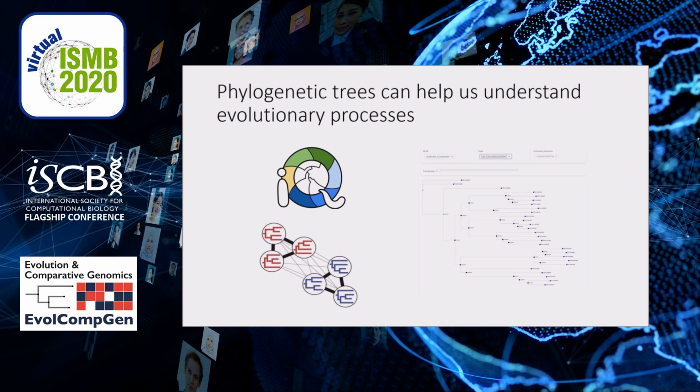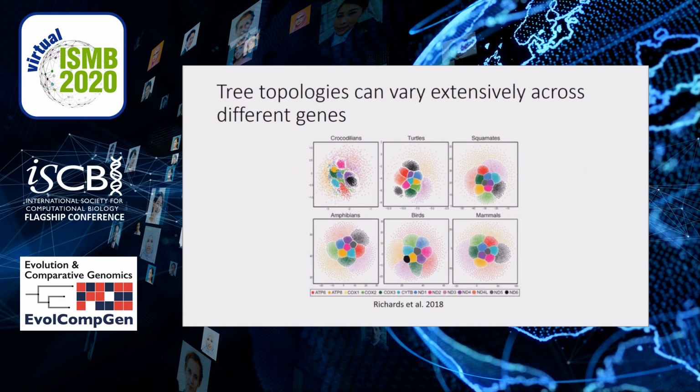The tools used to infer and analyze these trees, such as IQ-Tree and Treescaper, are widespread and varied in their applications. Recent studies, however, have shown that there can be extensive variation across inferred trees when constructing phylogenies using different genes or sequence evolution models.